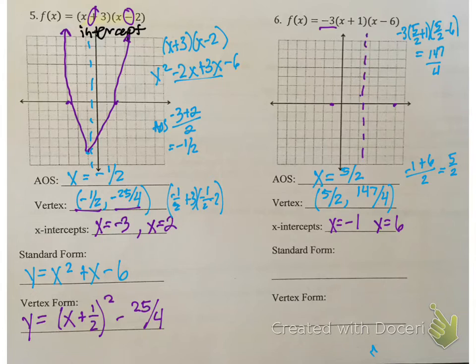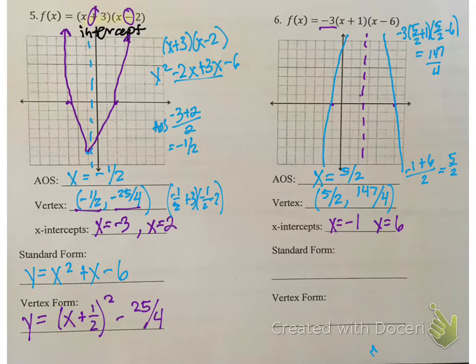I know 147 over 4 is a pretty big number, so I'm just going to draw my graph going up. It goes off the graph like this. And that's sufficient.